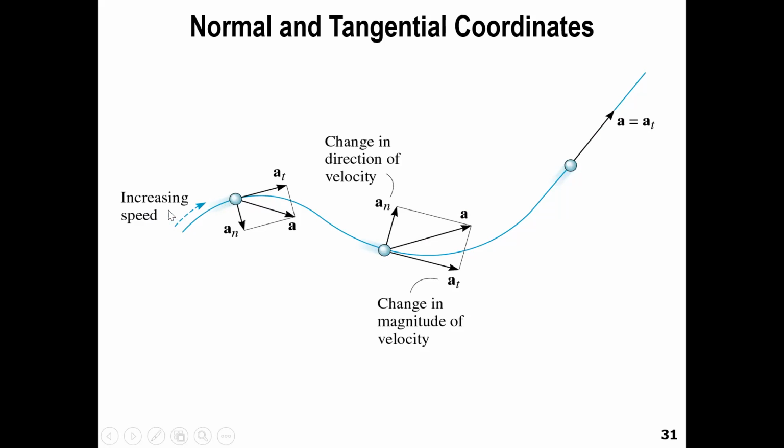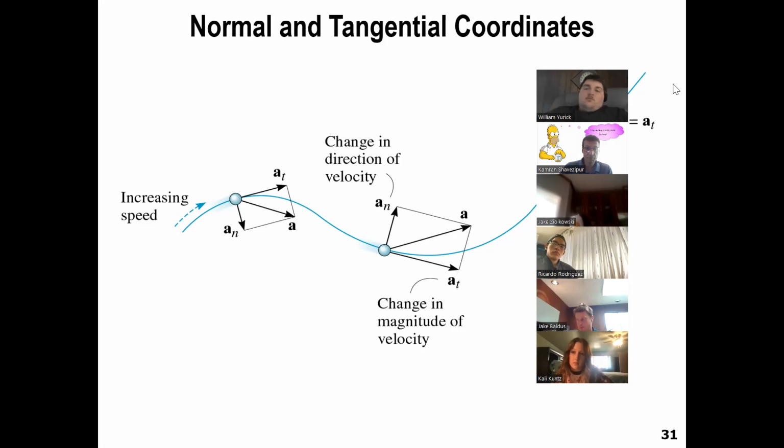But AN is always toward the center of the curvature. Now, in this part of the curve, AN is down. You get to this part, AN is up. You go to the straight line, there's no curvature, rho is infinity, that component will be 0, and your acceleration is only tangential. Looks good?